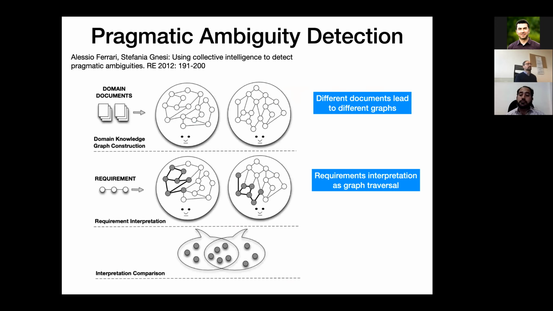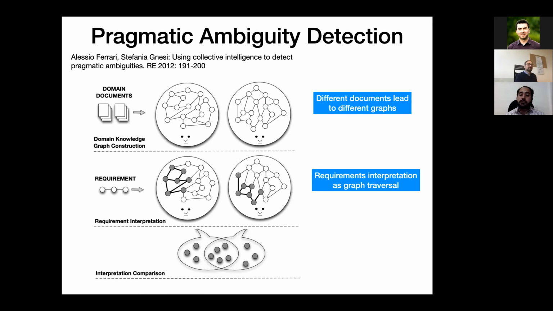If I do this by using different groups of domain-specific documents, I will have two different graphs, and so I will have two different path traversals for the same requirement. If I do these two graph traversals given the same requirement, and then I compare the content of these two paths, if this content is very different, I can say that there is the possibility of an ambiguity in the requirement.